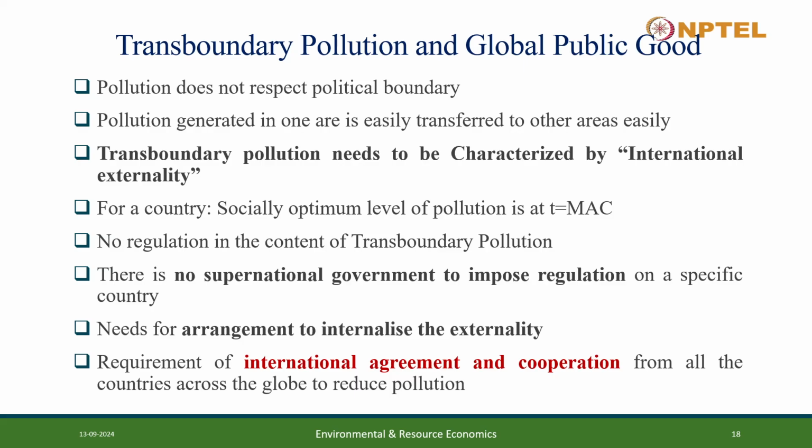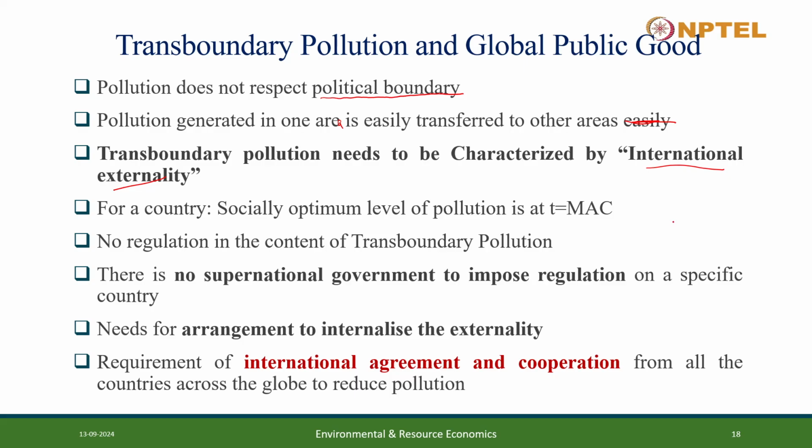However, many times the pollution or emission moves across the political boundary. It does not stay in one country, it moves from one country to another. So pollution generated in one area is easily transferred to other areas. Transboundary pollution is characterized by international externality.